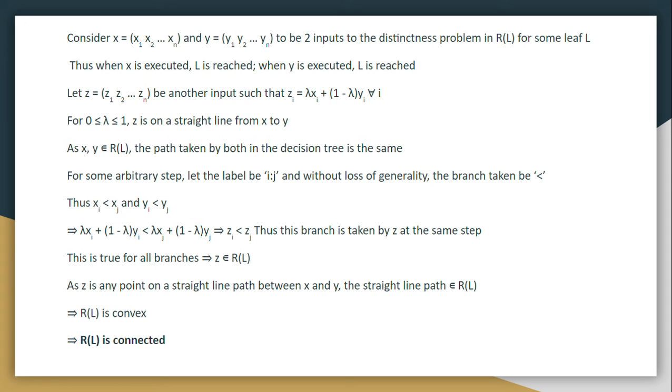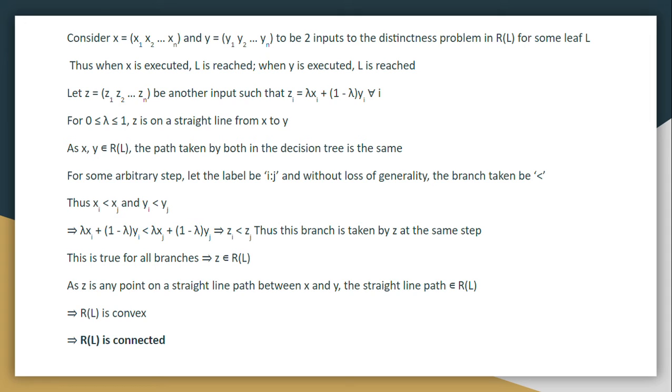All right. So if we multiply the corresponding respective equations by lambda and 1 minus lambda and add them, we see that lambda of xi plus 1 minus lambda of yi is less than lambda of xj plus 1 minus lambda into yj.